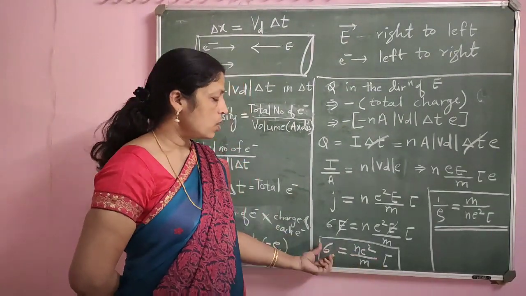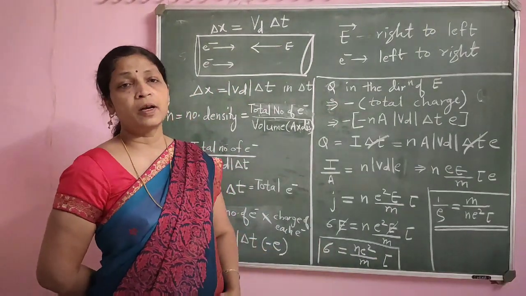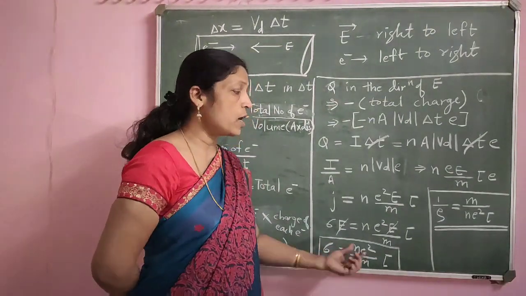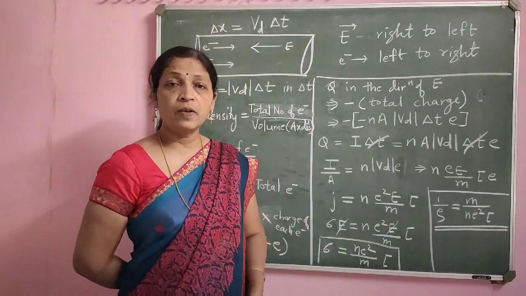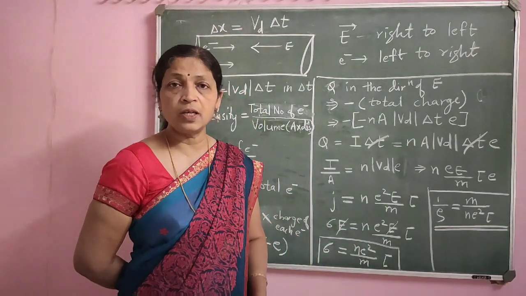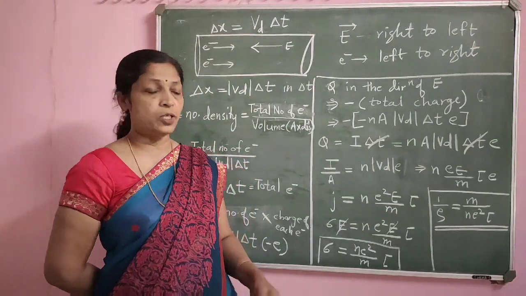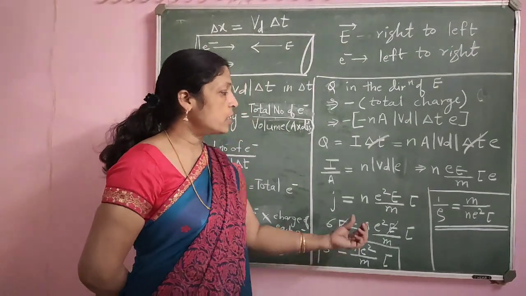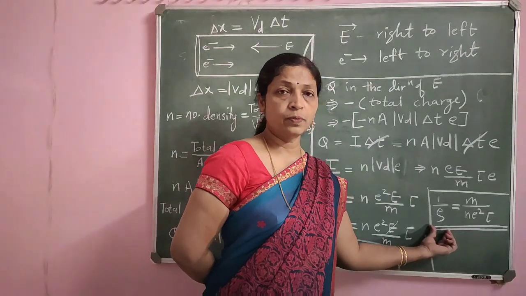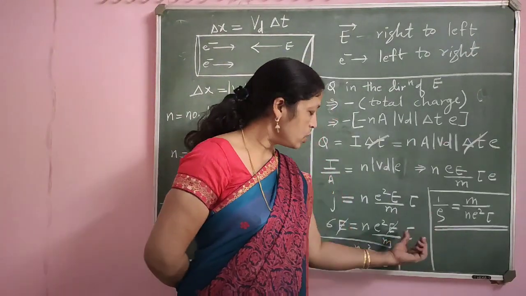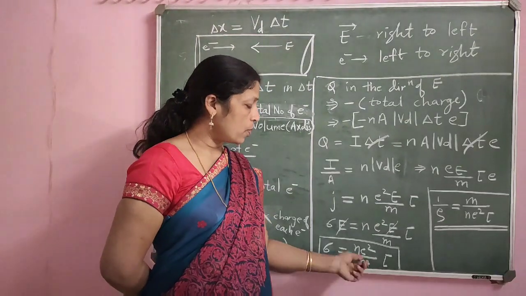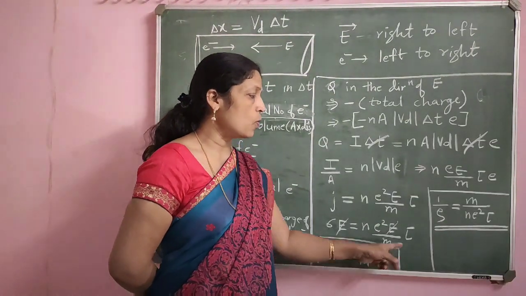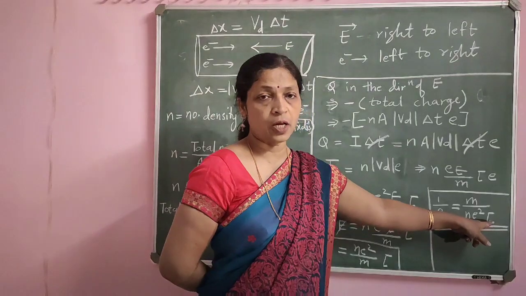Conductivity and resistivity are reciprocal of each other, so sigma is written as 1 upon rho. And what is 1 upon rho? Reciprocal of this, m upon n e square tau. What is tau? Relaxation time.